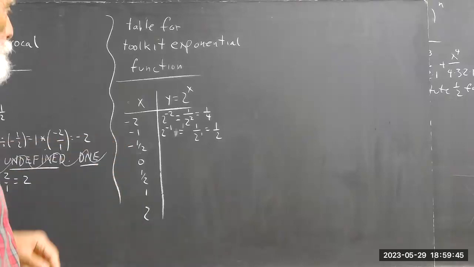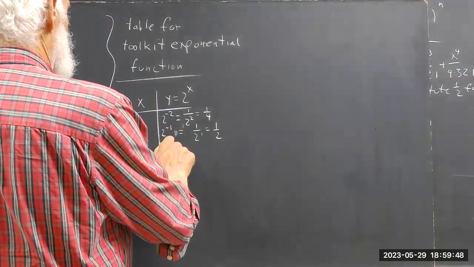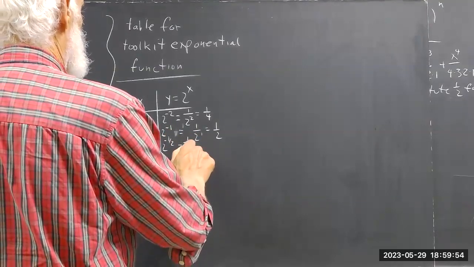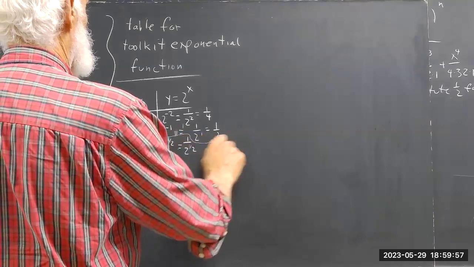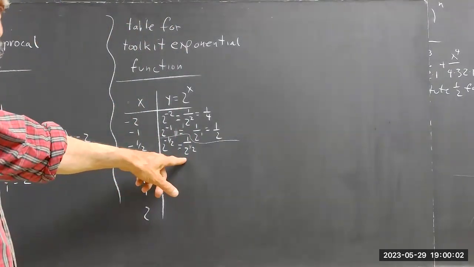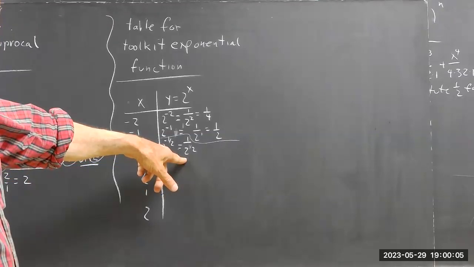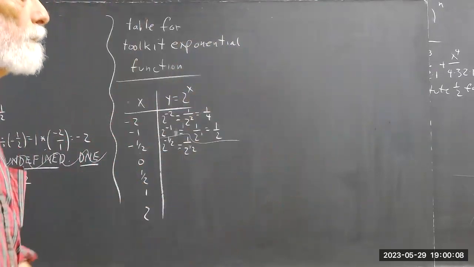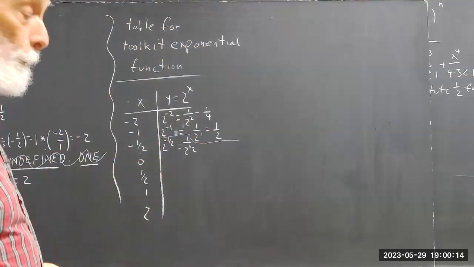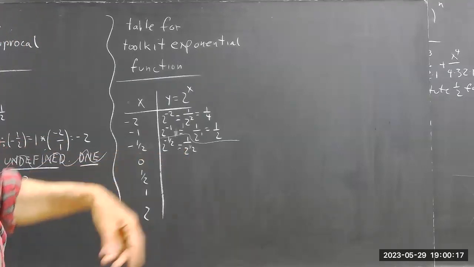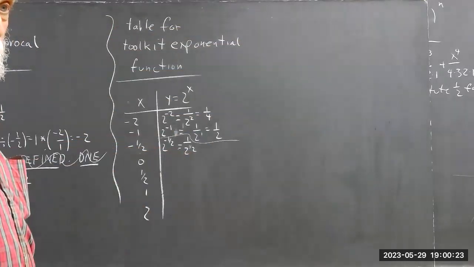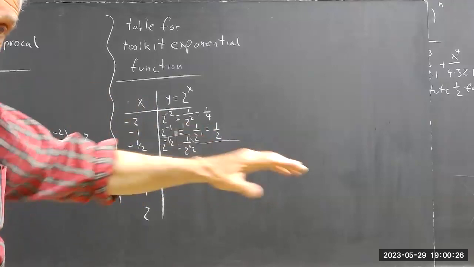Now, what about -1/2? You've got 2 to the -1/2 equals 1 over 2 to the 1/2. But we can't calculate that. In the video on the explanation of the arithmetic for the Toolkit functions, we established that to do e to the 1/2, you have to do an infinite number of calculations, and 2 to the 1/2 is the same thing, but the calculations are even worse.